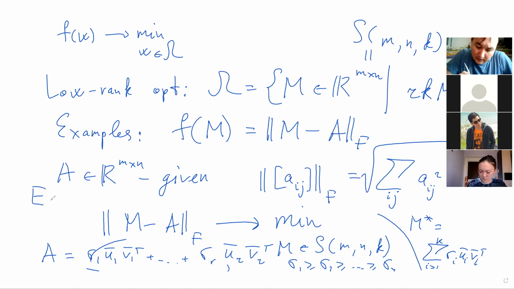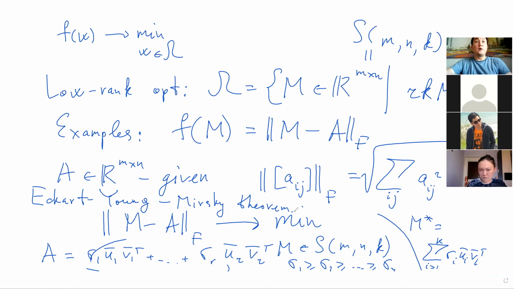This is a classical result, which is called the Eckart-Young-Mirsky theorem. So it turns out that when you want to approximate some given matrix A in terms of the Frobenius norm by some matrix whose rank is not greater than k, the solution to that problem is just the singular value decomposition of the matrix A truncated at the kth term.